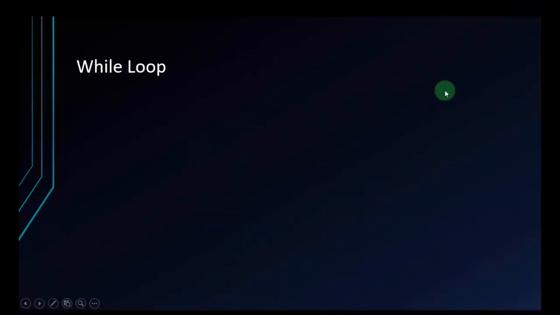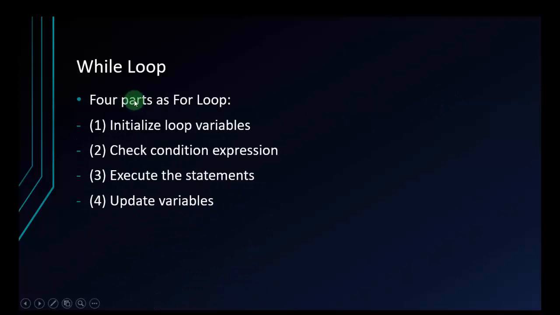Actually, the while loop is similar to the for loop, but it's slightly different in syntax. It also has four parts as the for loop. First, initialize the loop variable, but it's different here: we must initialize this variable outside the loop. If not, your program may error.